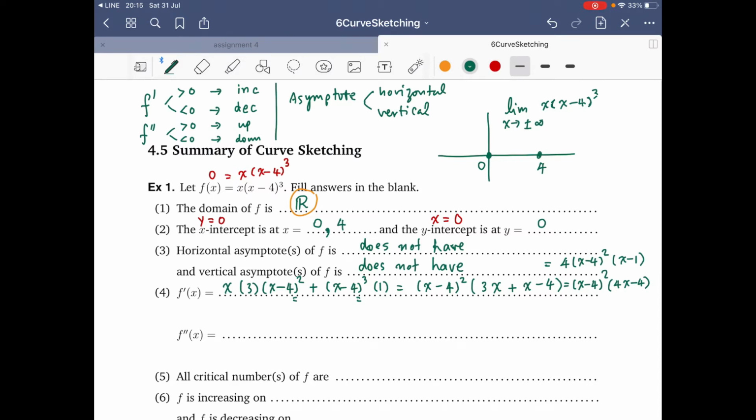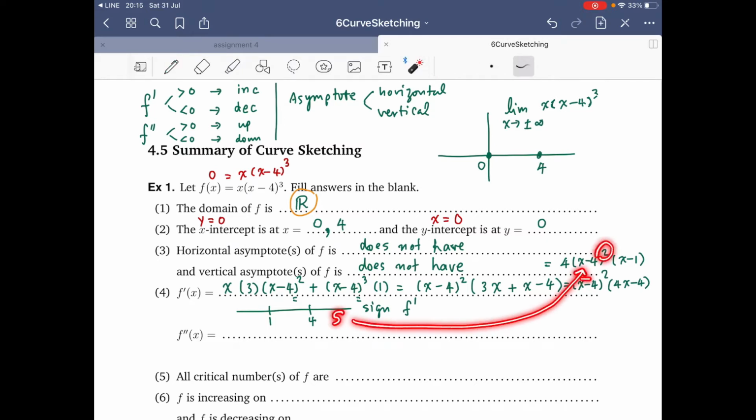Okay, so the sign for the f prime depends on 1 and 4, okay? If you are looking at something like 5, here the square is always positive, right? 5 minus 1 will be positive, so here's positive.